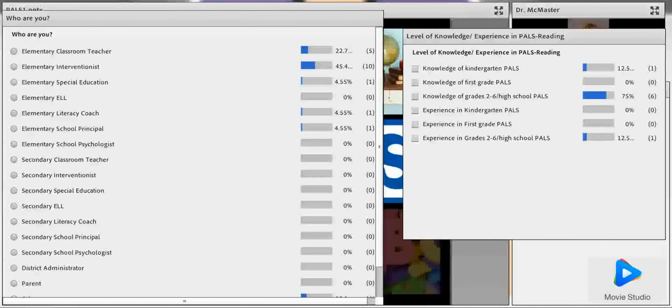Let's just give that another few seconds to fill out. Looks like some classroom teachers and then quite a few elementary interventionists, a couple of special ed teachers, a literacy coach and a principal, others. If you'd like to state what kind of other you are, please feel free to put that in the chat.